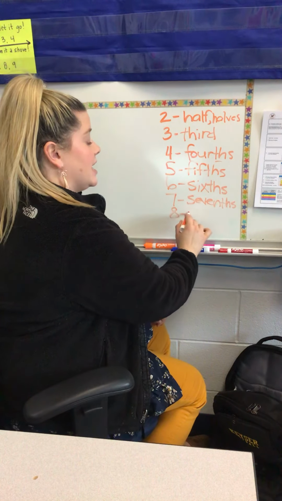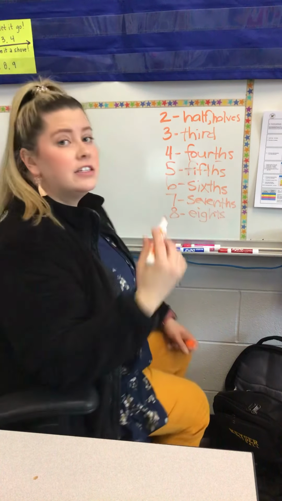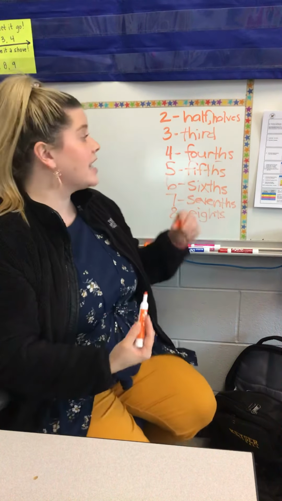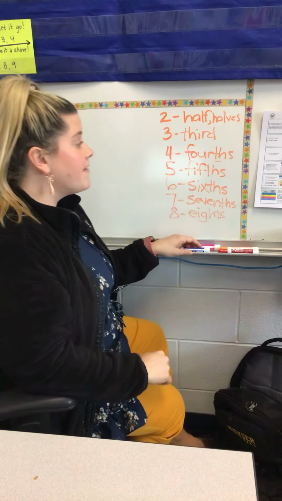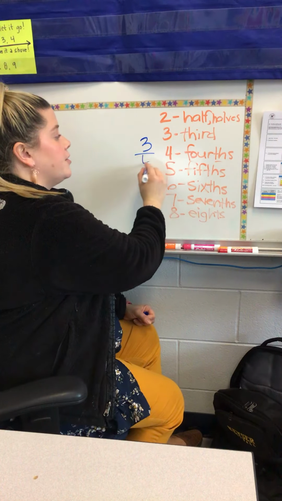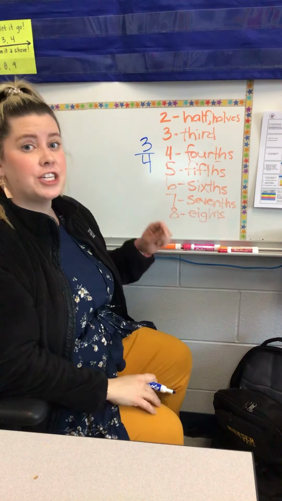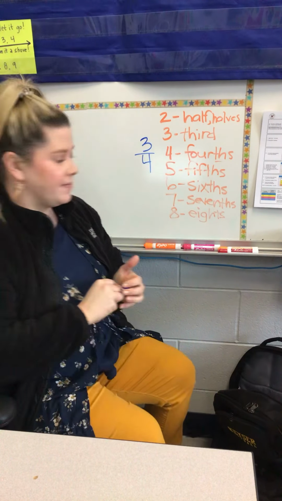And 8 is eighths. And then so on, okay? So that's kind of how we read and name fractions. So if I have a fraction that has 4 parts and I colored 3 of them, I would read that fraction as 3/4. That's how I would name it.